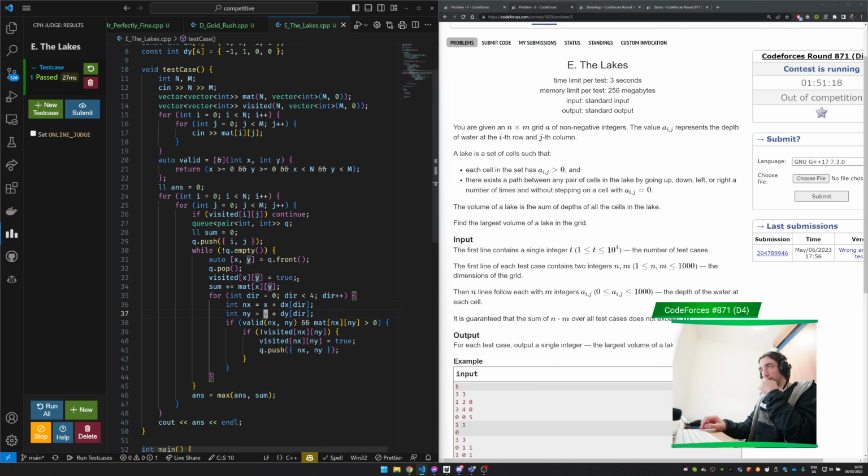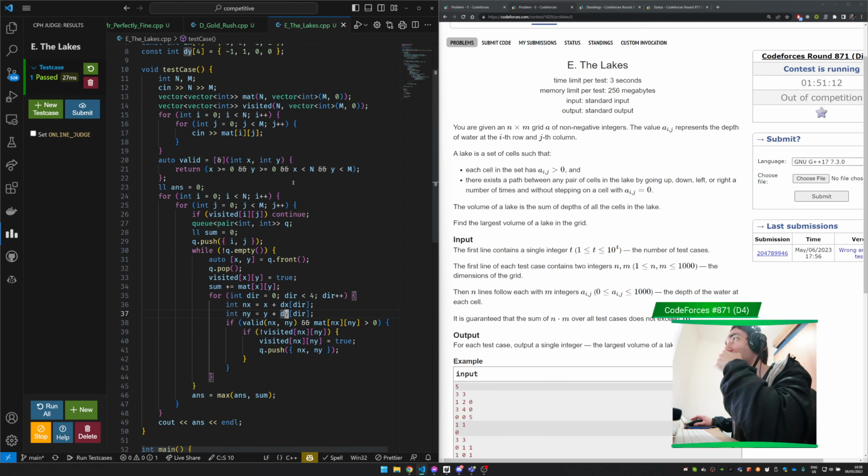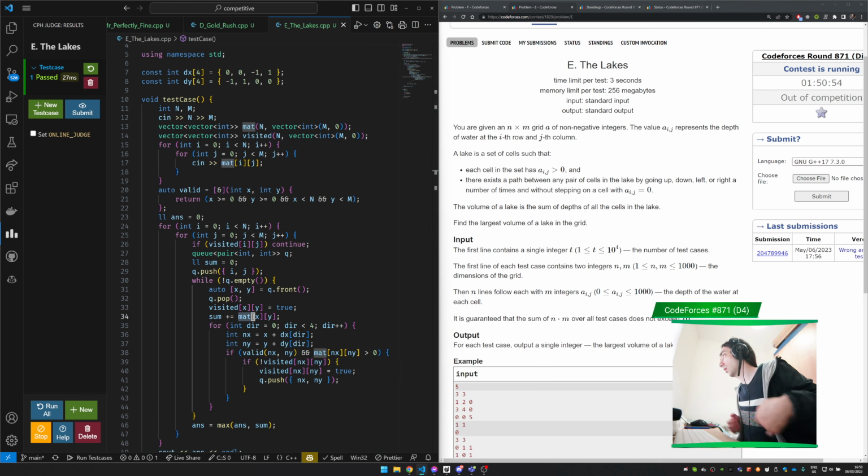4 directions, dx. I'm baffled. It shouldn't even overflow. How is this wrong answer?